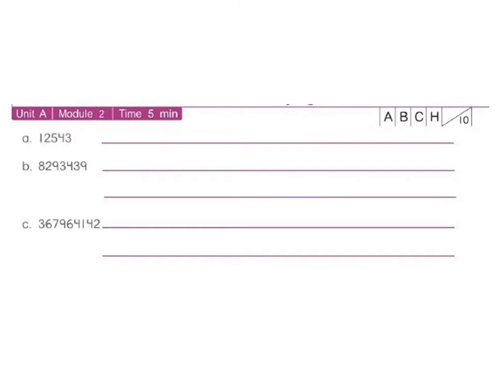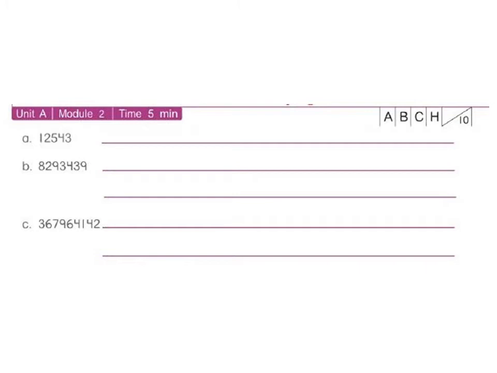Here you have to write the numbers in words in the Indian system. So first of all, what we will do, we will put the commas or the periods according to the Indian system, and then convert the numerals into words.